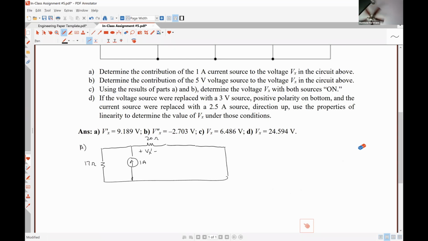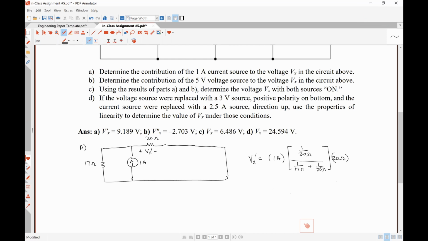So I'm going to do that all in one step real quick, okay? So Vx prime is going to be our current 1 amp multiplied by 1 over 20 ohms times 1 over 17 plus 1 over 20 ohms, and then you multiplied it by a factor of 20 ohms, right?